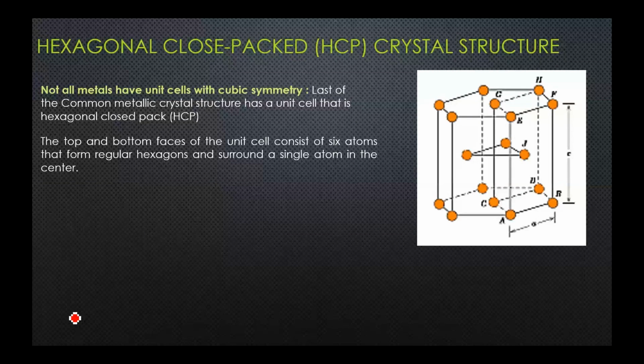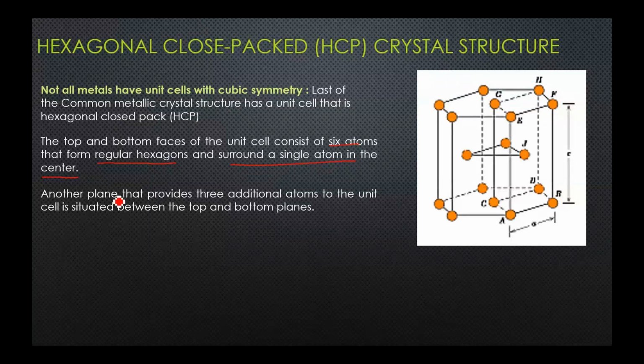So as it says, the top and bottom faces of the unit cell consist of 6 atoms that form regular hexagons, and they surround a single atom which is situated in the center of the hexagonal plane. Other than that, there is another plane that provides 3 additional atoms to the unit cell which are situated between the top and bottom planes, exactly in between.